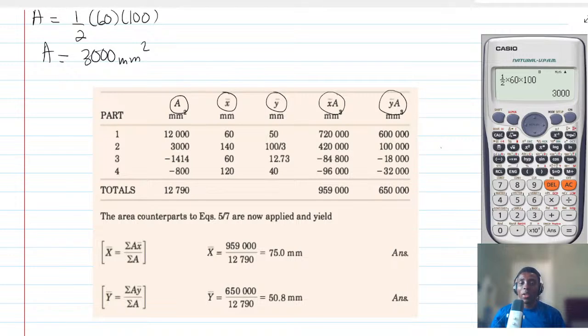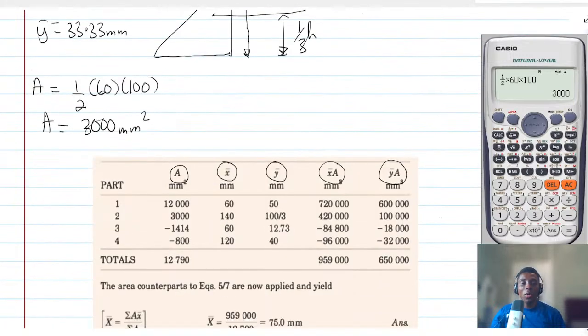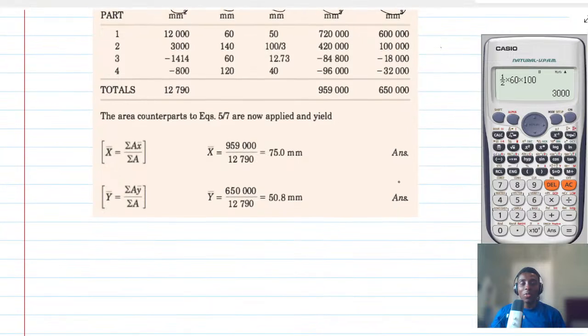Any questions up to this point? I want to solve a question on the parallel axis theorem and the moment of area with you.